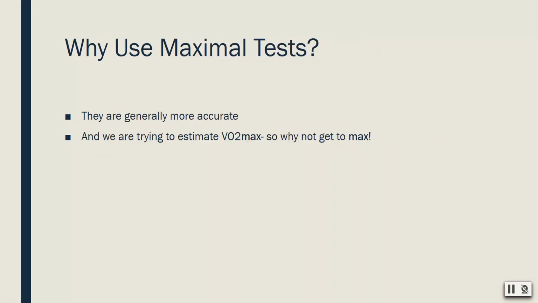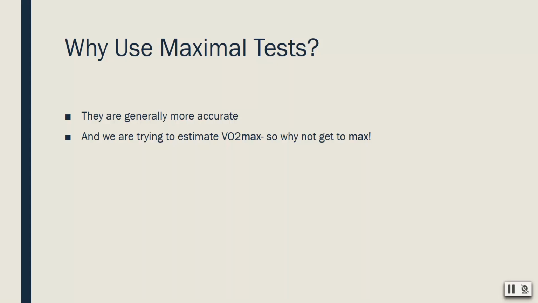So why do we use maximal tests? Like I was saying in the last slide, maximal tests are generally more accurate. Because the goal is to determine a VO2 max, why not actually get to your max or your 100%? Unfortunately, you're not able to always use maximal tests.